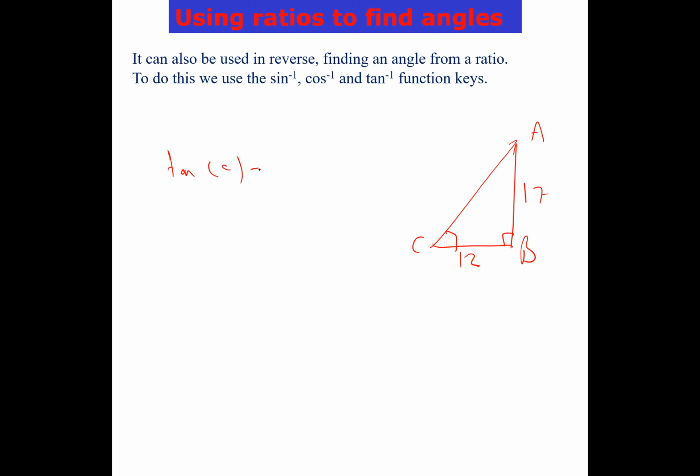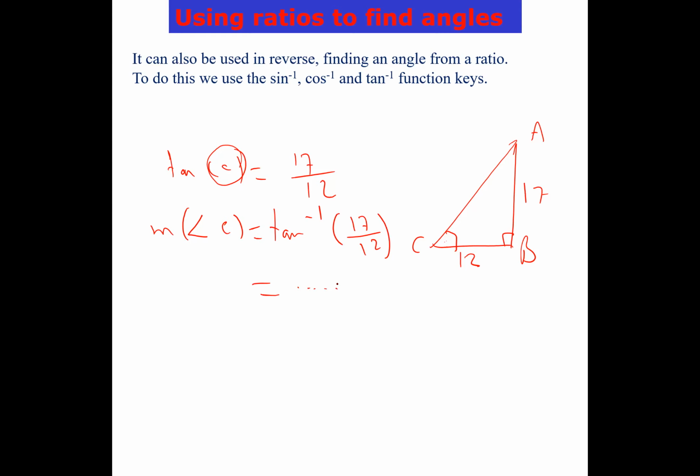Tan C equals 17 over 12. And you need to find the measure itself. The measure of angle C equals shift tan, which is tan power of -1, the inverse of this ratio, which is 17 over 12. And by using the calculator, you can find it.